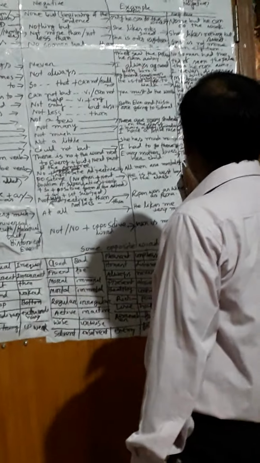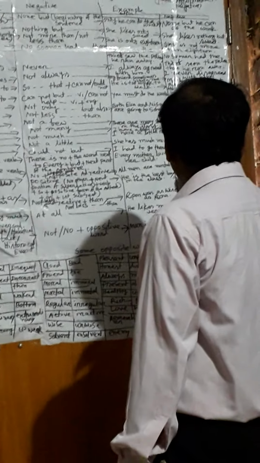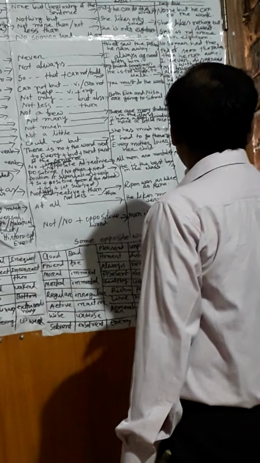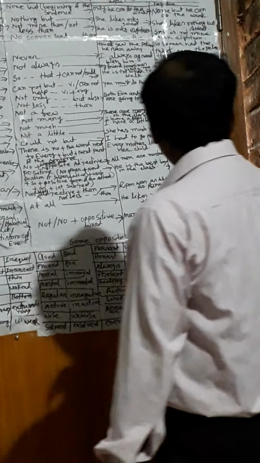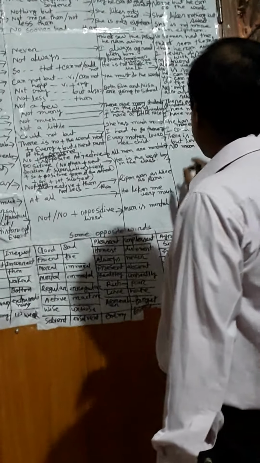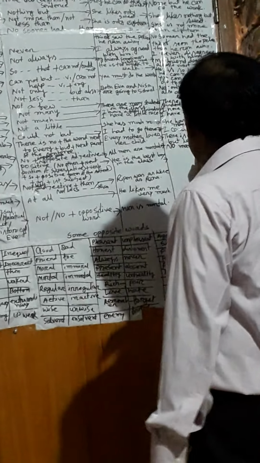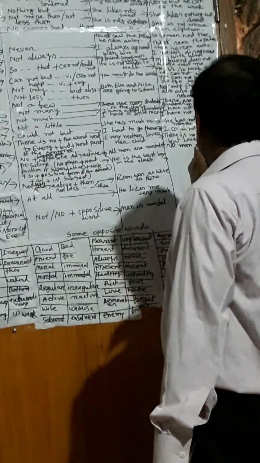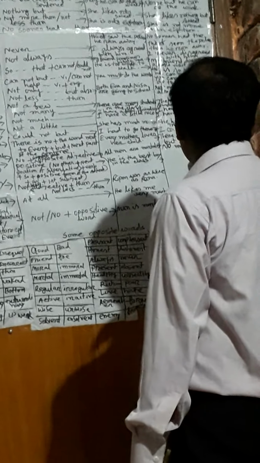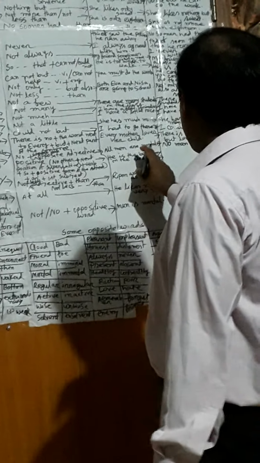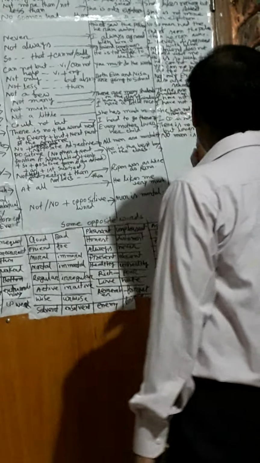Then the answer will be: no men will turn into man, and this word is a singular noun, and you have to use is instead of are. No man is, then the opposite adjective or opposite word of mortal, immortal.